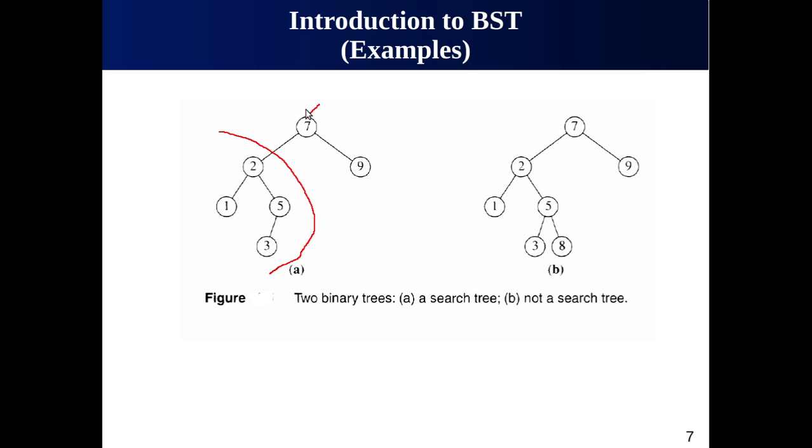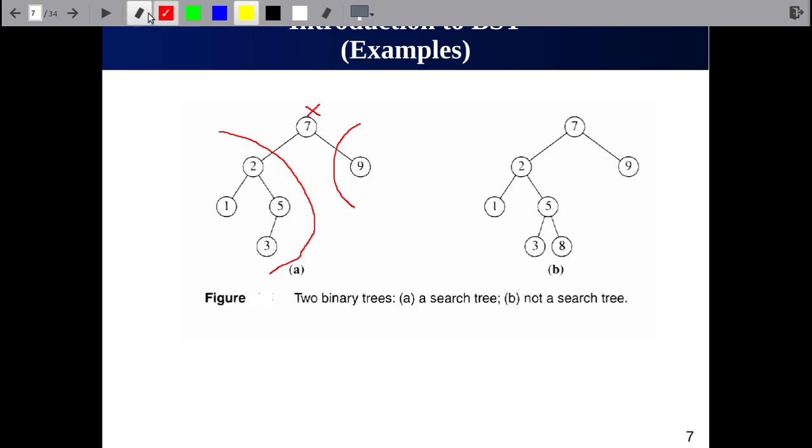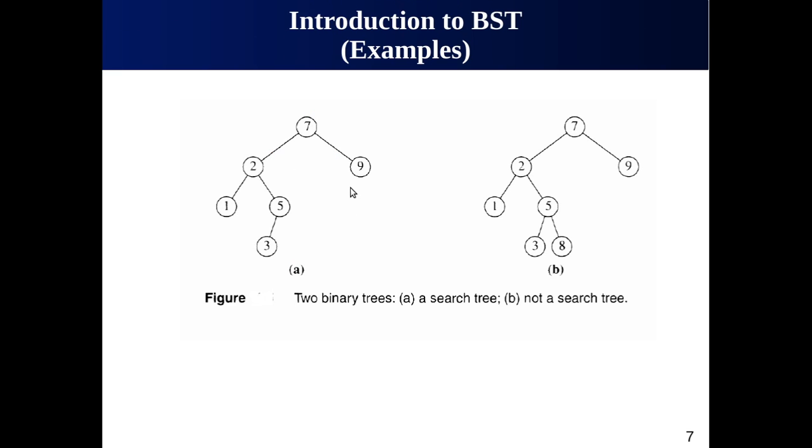Suppose this is X. And all the keys in the right subtree are larger than the key in X. You can see we have one node, but the value here is larger than 7. Now these two trees, both are binary trees, but let us see whether they are binary search trees as well or not.